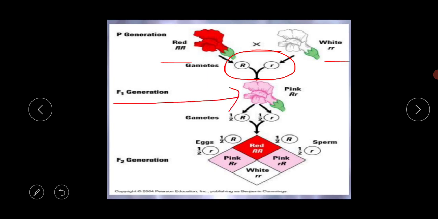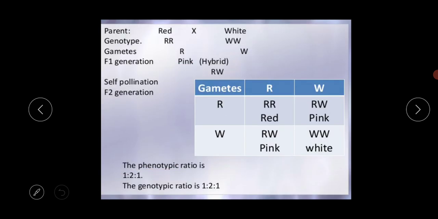After that, the F2 generation means F1 crossed with F1. When we cross capital R small r with capital R small r, we get one capital R pure red, one small r pure white, and two capital R small r. This color is the pink color. So this is the basic thing of incomplete dominance.